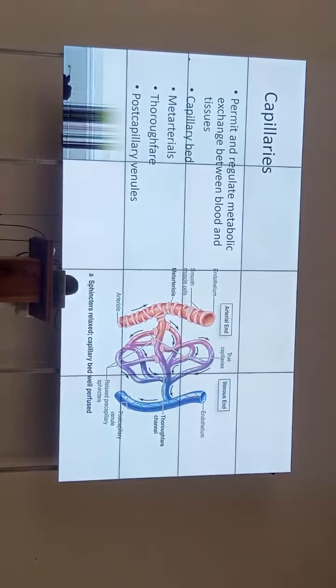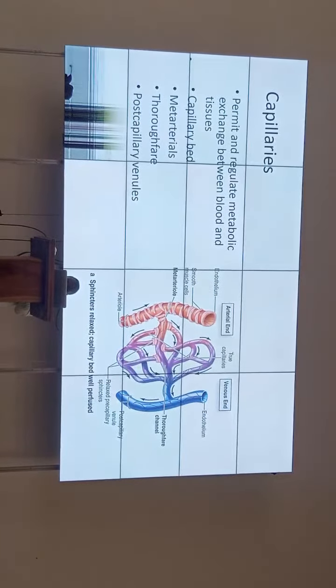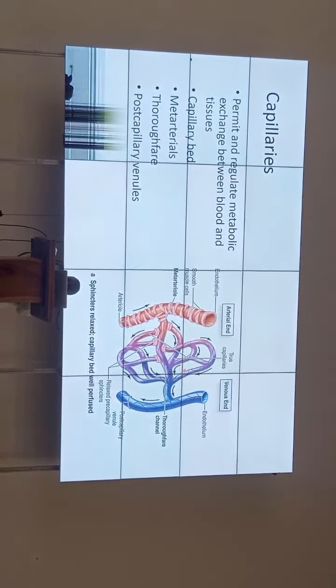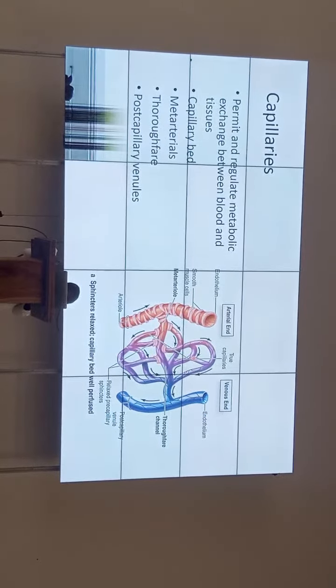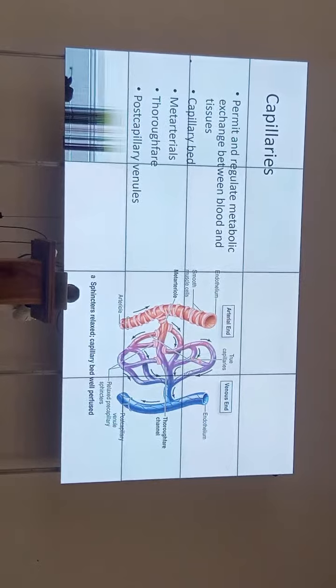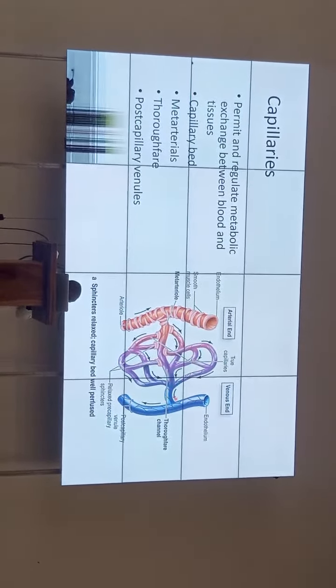After the exchange has occurred, these sphincters will open so that more blood comes in, and it will help push the blood that has already undergone exchange of materials. And that blood will flow into the venous system.